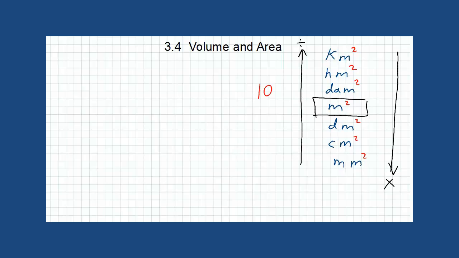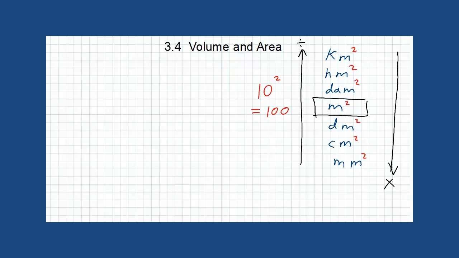So what about the factor? Also, it will be 10 square. So if you want to change from a unit to another, every one step you should multiply or divide by 100 between the area units.